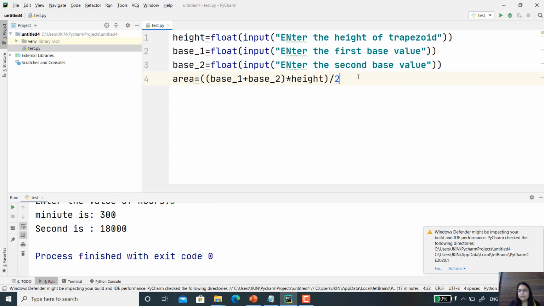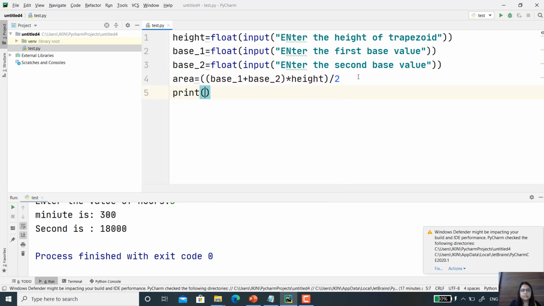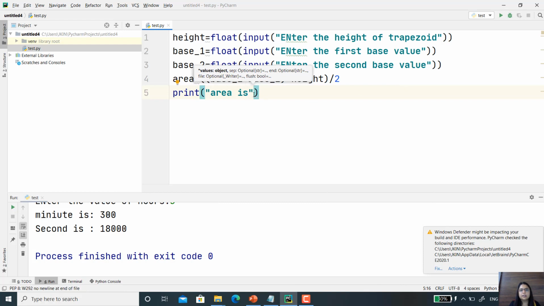And then we want our answer, so print here one small message, that is area is, and then the value of area. Let's run this code.